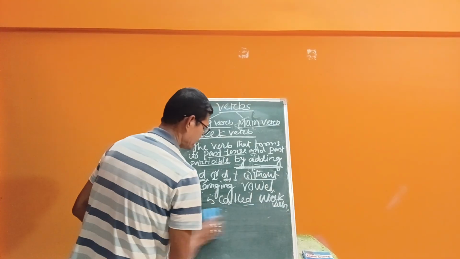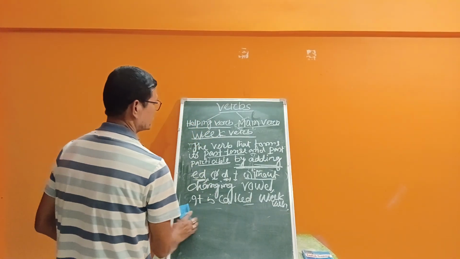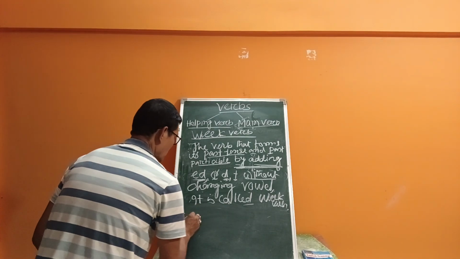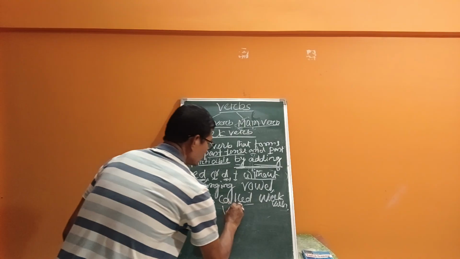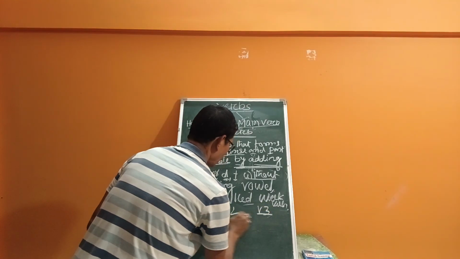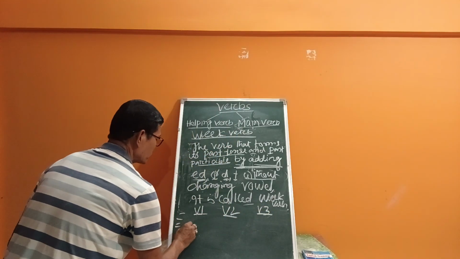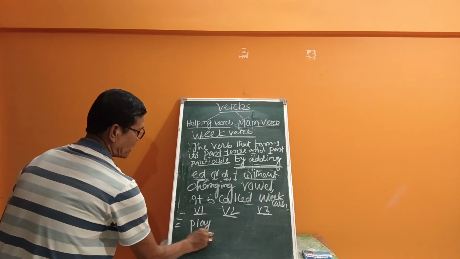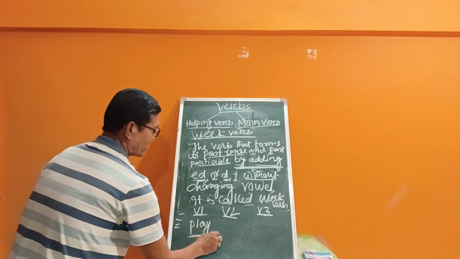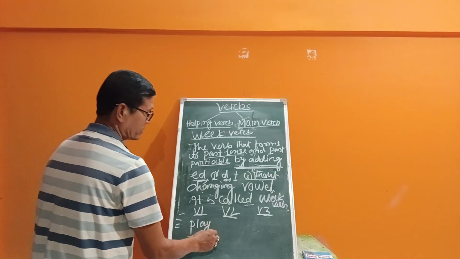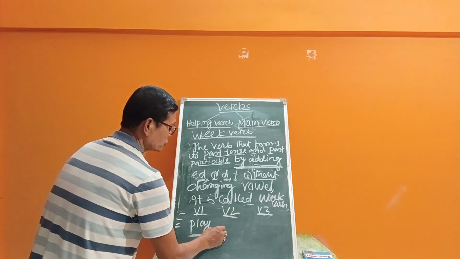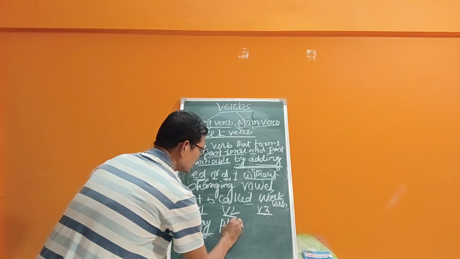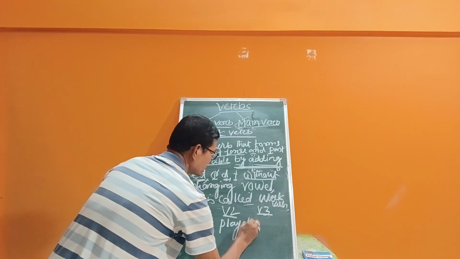As an example, suppose V1, V2, V3. Suppose play. This is a verb, isn't it? Present verb. And if you want to make the past tense, you should add ed: played.